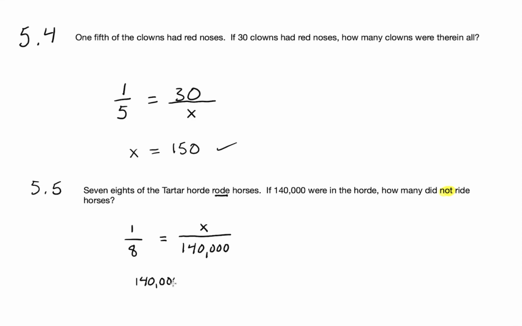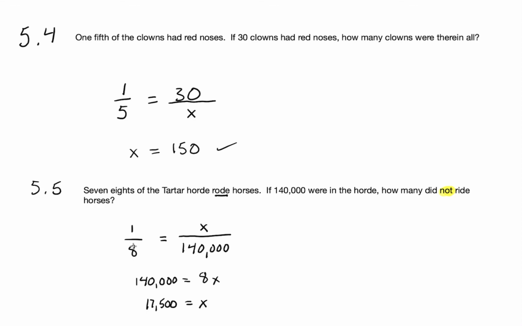That's 140,000. And then we have 8 times x, which means we divide both sides by 8. And that's going to give us 17,500 equals x. So this is how many did not ride horses.